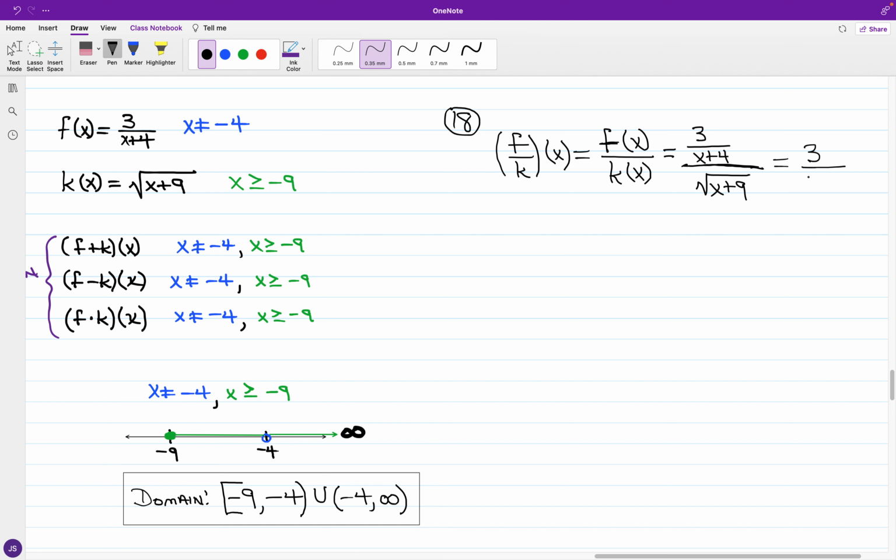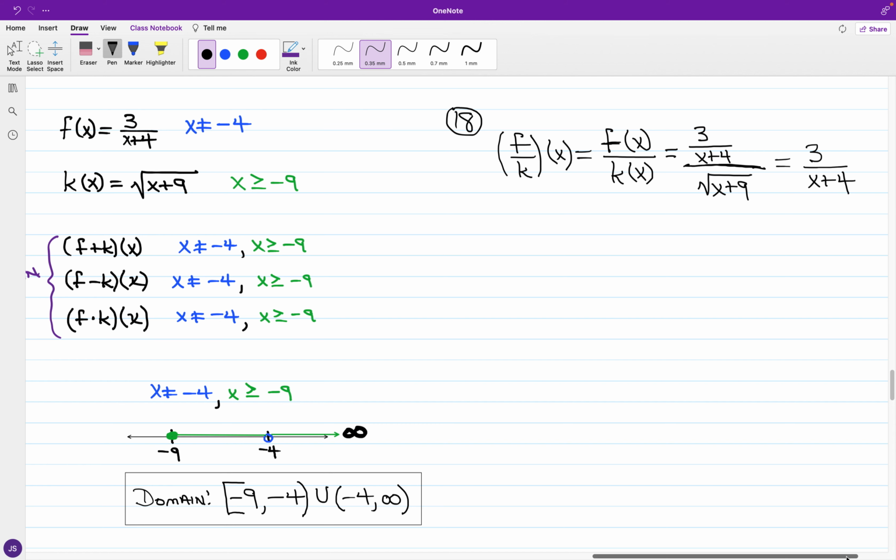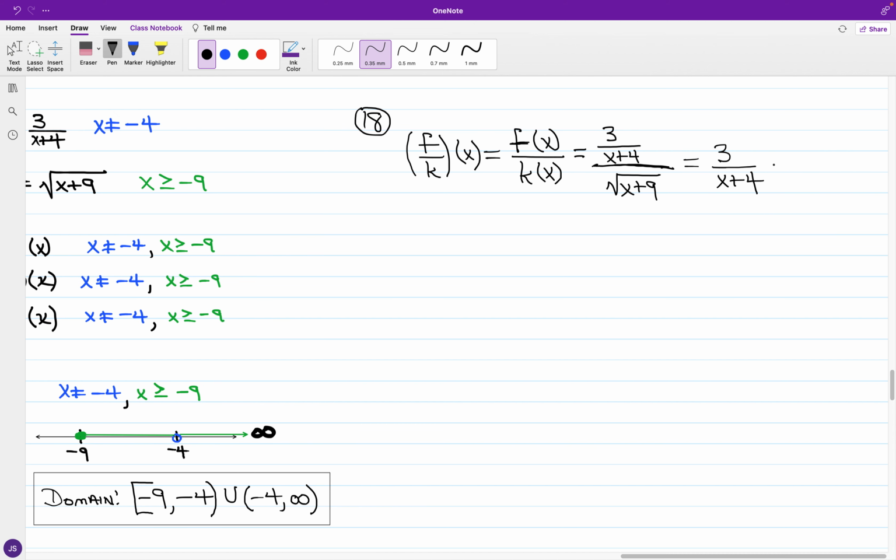You're just kind of splitting this up. So you have 3 over x plus 4 divided by the square root of x plus 9. Again, if I divide by a term, it'll be the same as multiplying by the term's reciprocal.